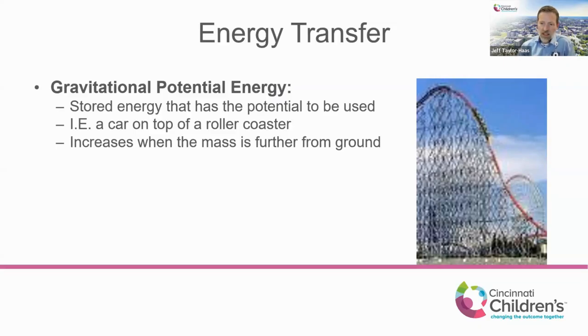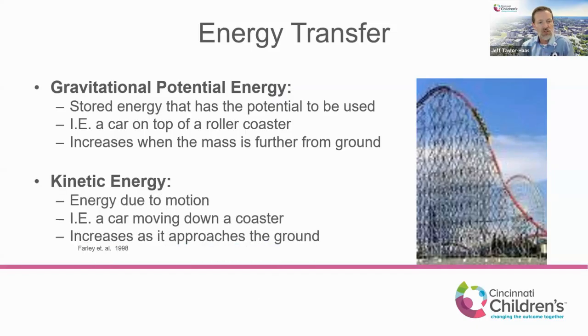What's happening next is as we go from initial contact where our center of mass is high to mid-stance, as our center of mass is lowering down, we're transferring potential energy to kinetic energy, or the energy of motion. And just like a roller coaster car, as it's racing to the bottom of the track, kinetic energy at this point is highest and potential energy is lowest.